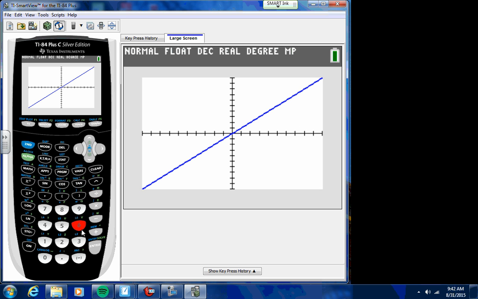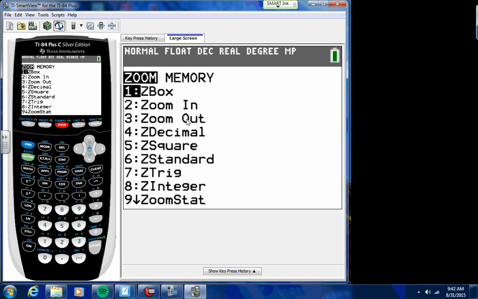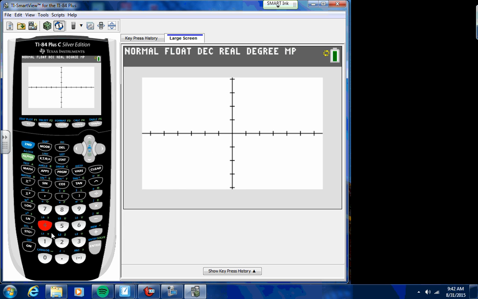Now watch this. If you do zoom decimal, which is number 4, now watch what happens. What do you see? Look at that. We see a hole. Where's that hole at? At -2.